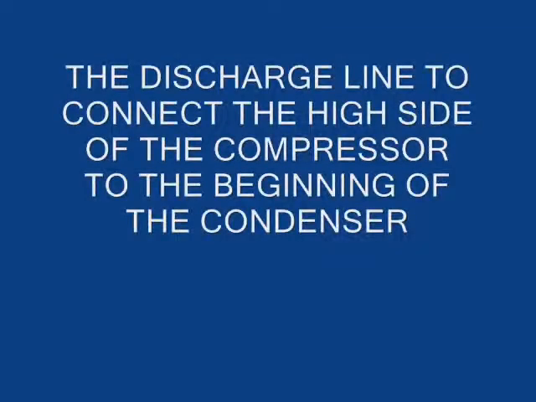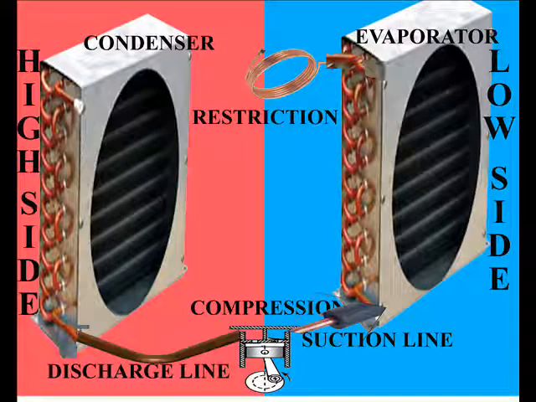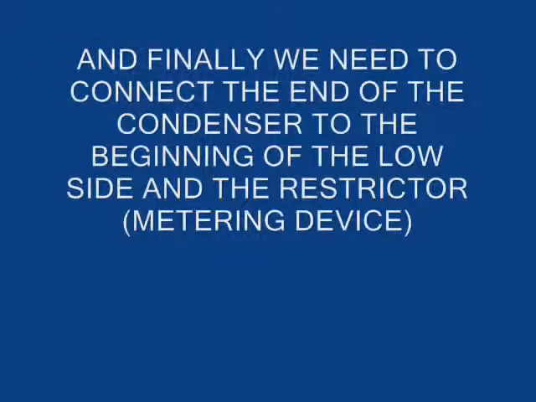The discharge line to connect the high side of the compressor to the beginning of the condenser. And finally, we need to connect the end of the condenser to the beginning of the low side and the restrictor metering device.